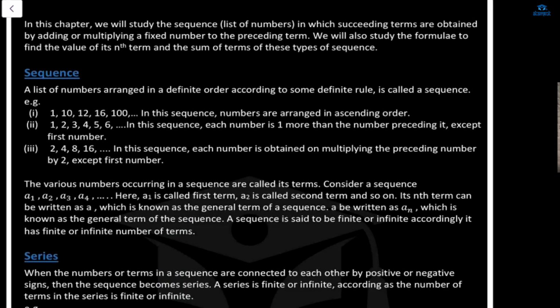For example, you can see here 2-3 examples, a random example I have given you, like 1, 10, 12, 16 and 100. In this sequence, numbers are arranged in what? Ascending order. Sometimes you can see numbers arranged in descending order. Some numbers have a difference of 2, some have a difference of 5, 10.